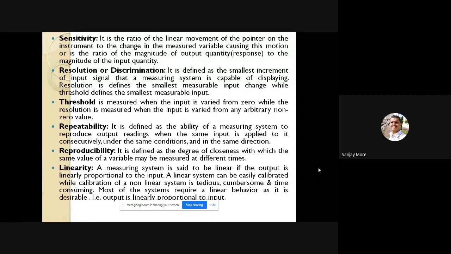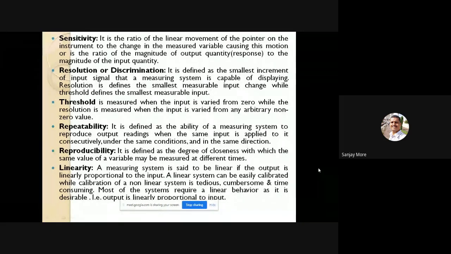The sensitivity concept is related to the pointer, for example in measuring surface finish. To measure surface finish you have to use a dial gauge. Here, at the touching point between the rough plate, surface plate, and the dial gauge pointer, the pointer is used again and again, so wear and tear occurs and sensitivity decreases.